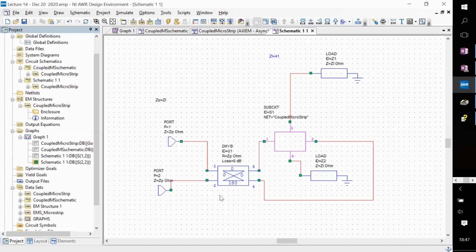There are some things in this example which are slightly complicated, somewhat unnecessarily, because the coupled microstrip line we have designed has some strange even and odd mode impedances. It's 60 and 40 ohms. So none of them is matched to our 50 ohm system. Because of that, I had to change all the reference ports to a different value.